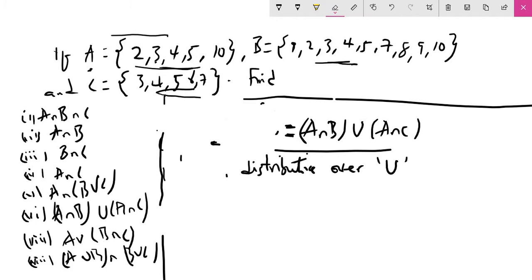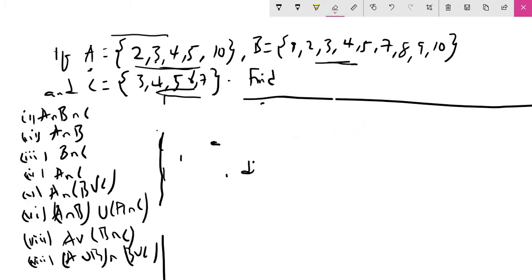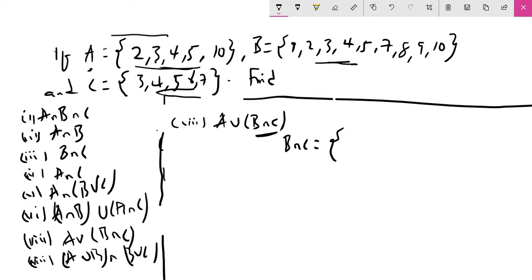Now let's do the last two. So we have VII, A union B intersection C. Again, we find what is in the brackets first before we go on. So we have B intersection C. So what is common between them?